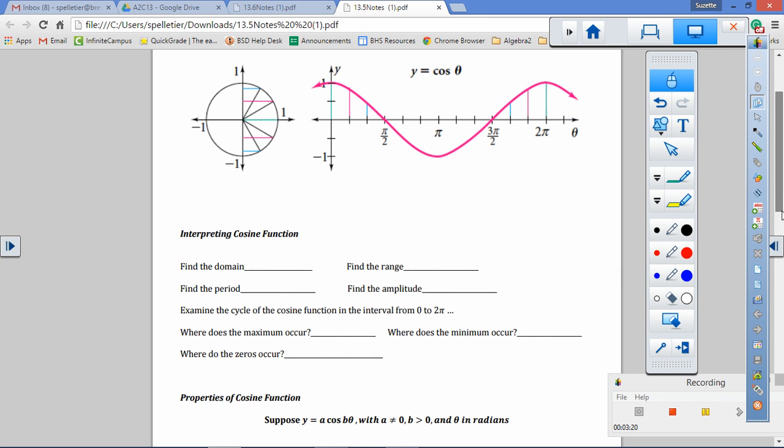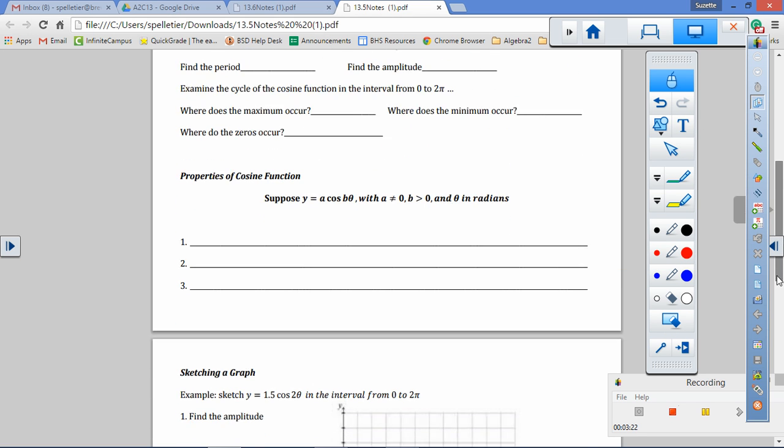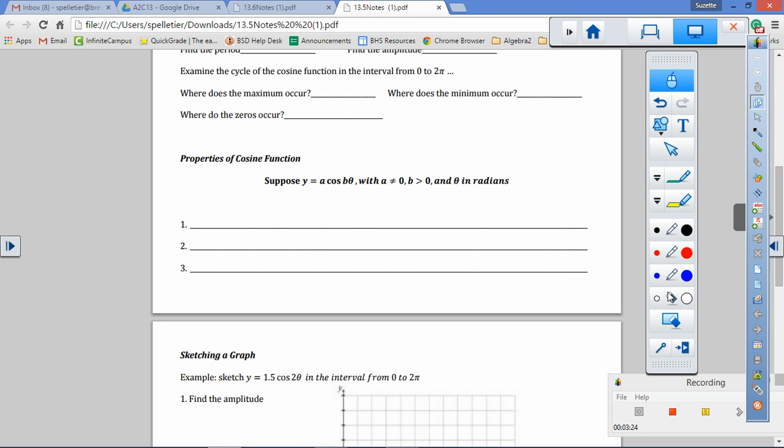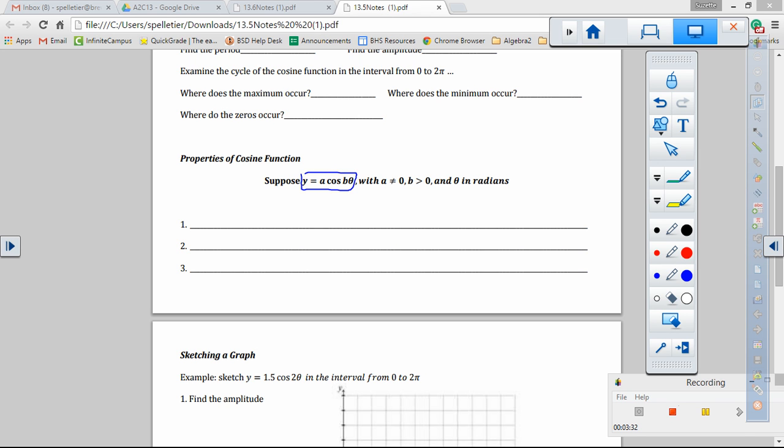And so now we're just going to look at the properties, and then we're going to practice testing them since you guys were pros at doing the sine wave. So again, we're dealing with this equation, y equals a times the cosine of b theta. A is your amplitude, as usual. The absolute value of a is the amplitude. That's no different than the sine wave.